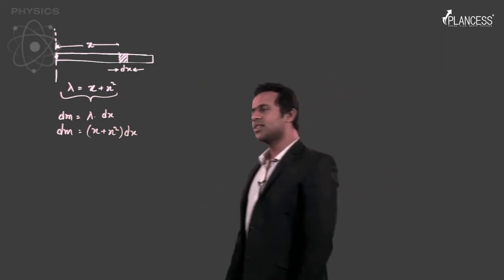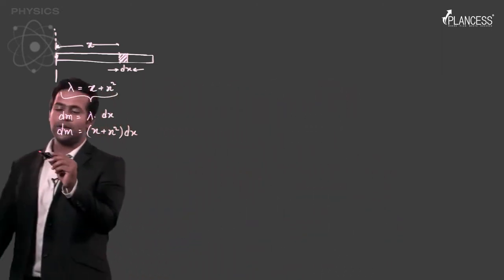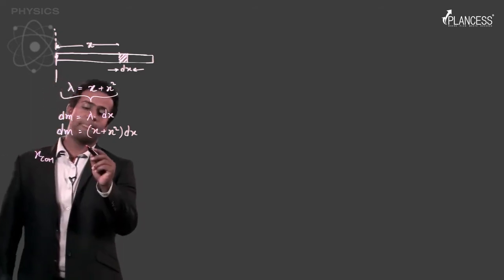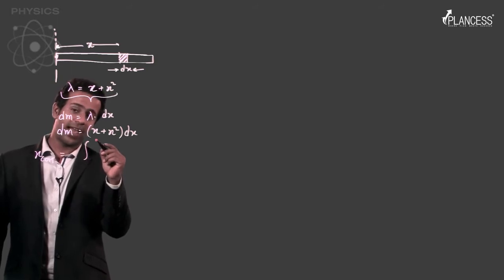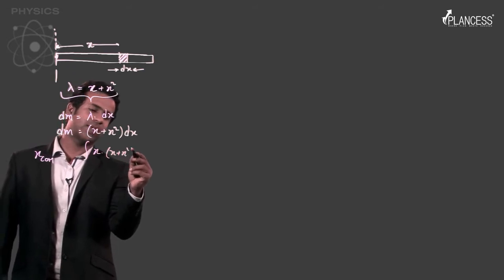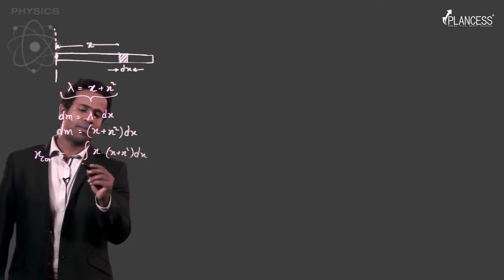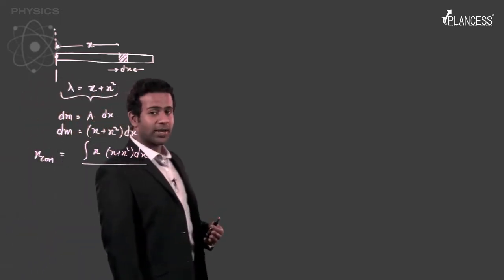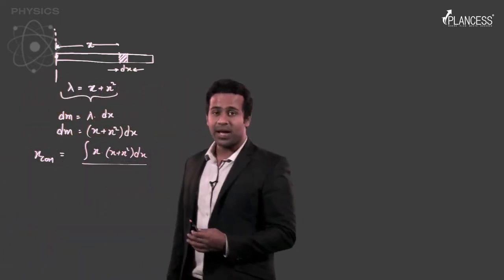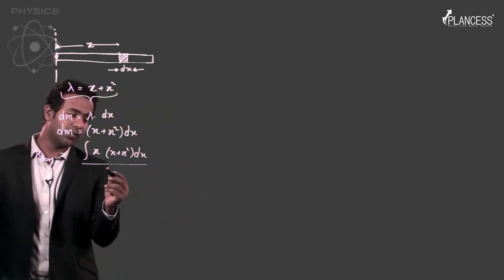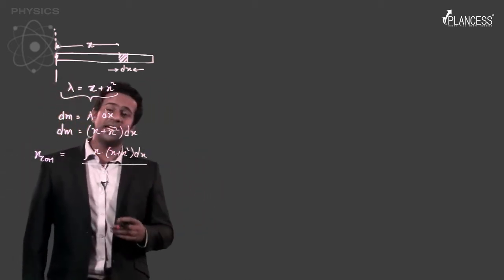Once we have this, the rest is fairly obvious. We know that the x coordinate of the center of mass is the integral of x dm, so x into dm, which is (x plus x square) dx, upon the entire mass. Since we do not have the expression for the entire mass, even that has to be integrated. So in the denominator, we'll write the integral of dm.